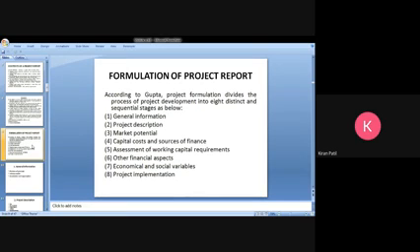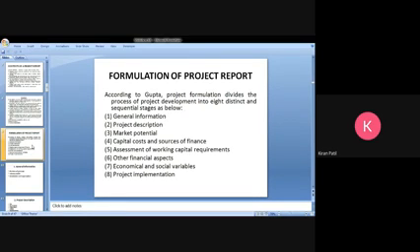Basically, it means you need to register your firm with the district registrar or an industry registrar and so on. So that becomes the constitution and organization.